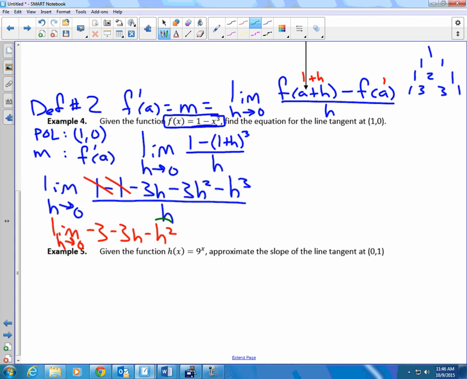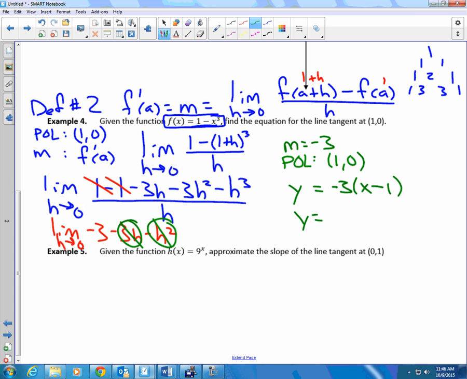Yeah, everything that has an h will become 0. You're plugging in 0 for h. So therefore, if it has an h, you'll get 0. So we're left with negative 3. So the slope is equal to negative 3. Your point on your line is 1, 0. So we have y minus 0 equals negative 3 times x minus 1. My equation for my line is negative 3x plus 3.